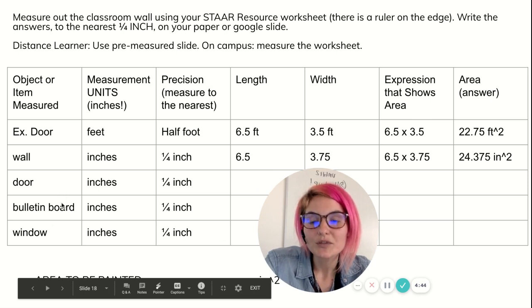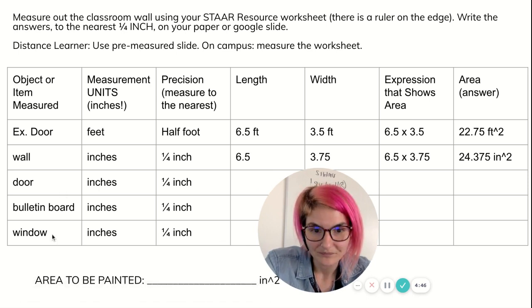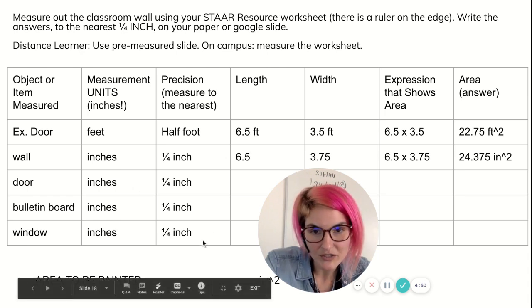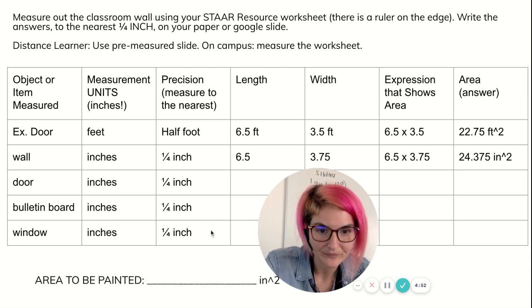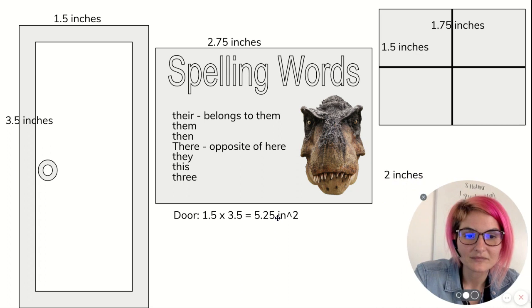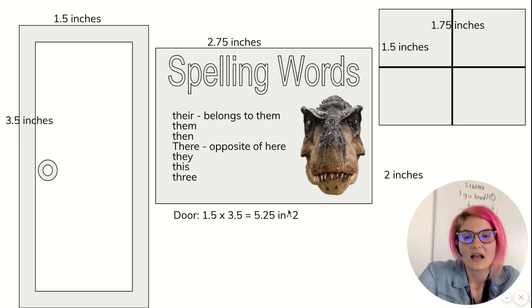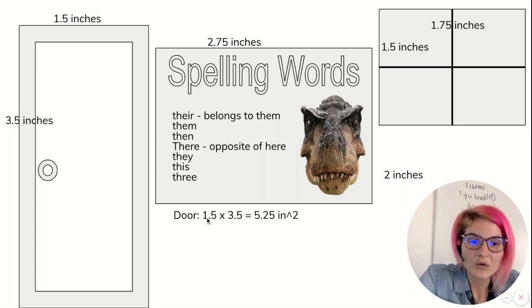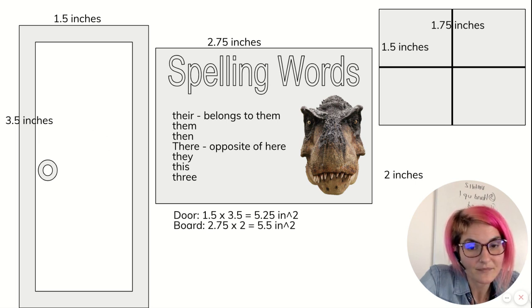You do that for the door, bulletin board, and window. You're always using inches. You're always measuring to the nearest quarter inch. So for example, if I had this, I would multiply my door, 1.5 times 3.5, which gives me 5.25 inches squared. So that's the area of my door that I'm not going to paint.